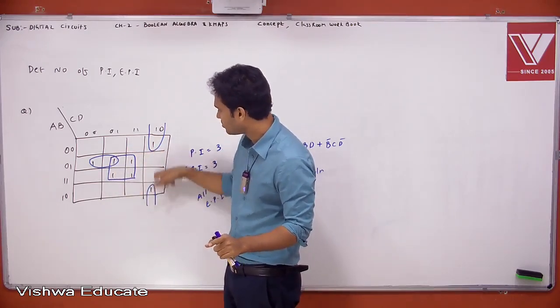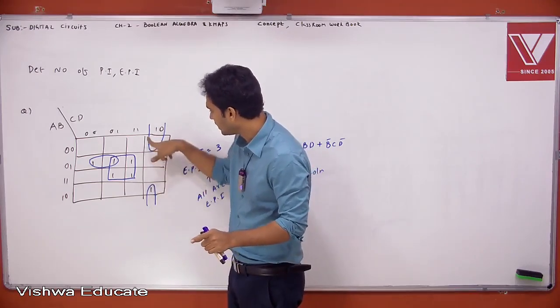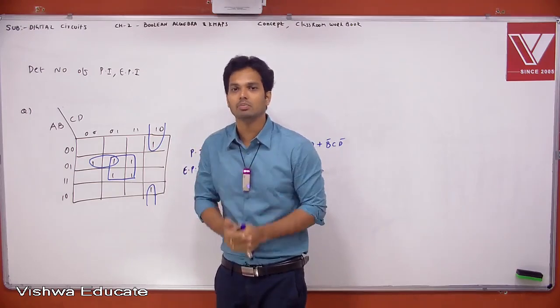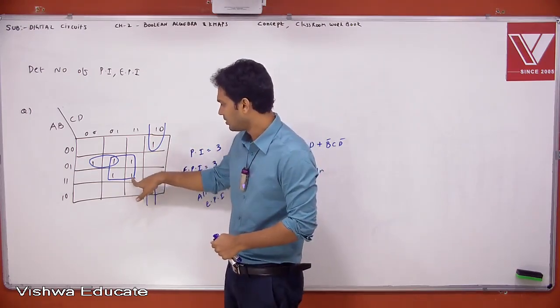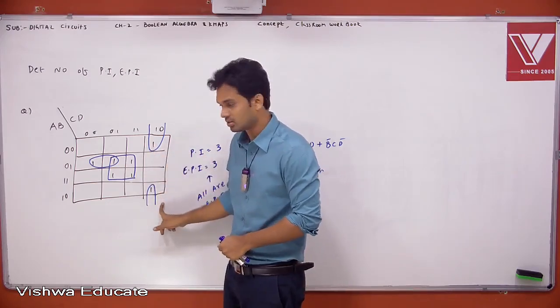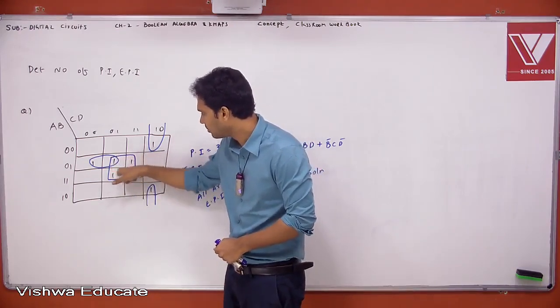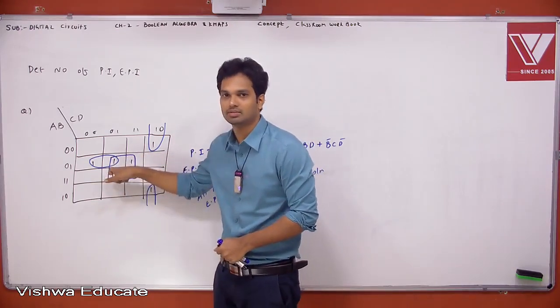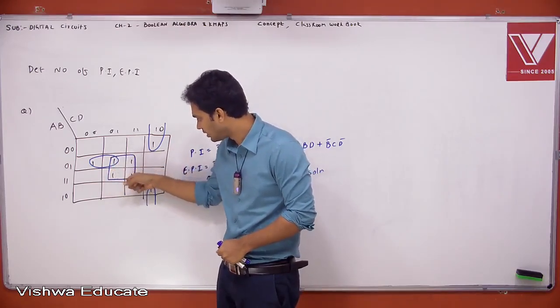Every stage we should take in that particular stage maximum possibility. So if quad is a prime implicant, don't assume that sir pair is not prime. Pair is also prime implicant in this case, but in this quad, don't take internal pairs as a prime implicant. Is it clear? In this quad, don't take these pairs again.